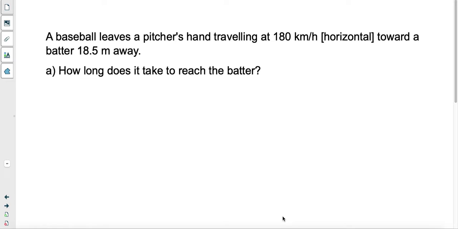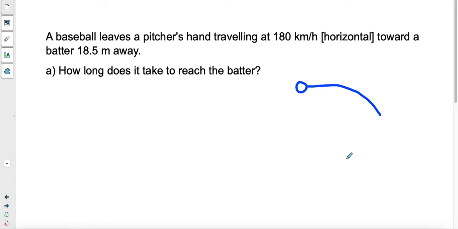So let's take a look at an example here. A baseball leaves the pitcher's hand traveling at 180 kilometers an hour, horizontal, toward a batter 18.5 meters away. So let's try drawing this out. The pitcher throws a baseball, and you can kind of imagine it's going to follow this path.